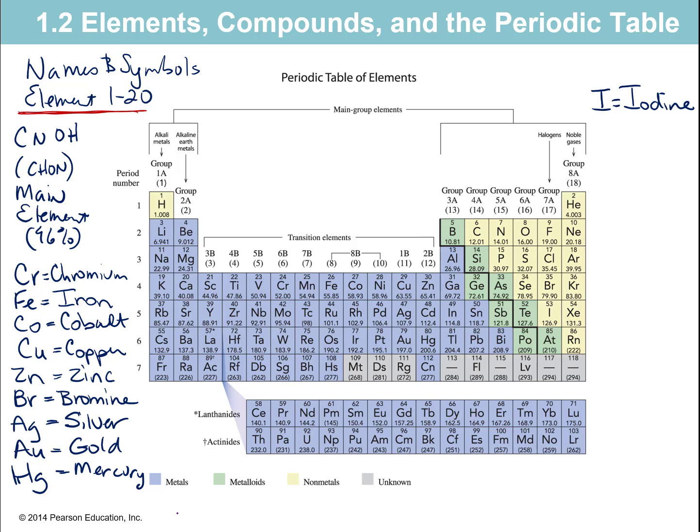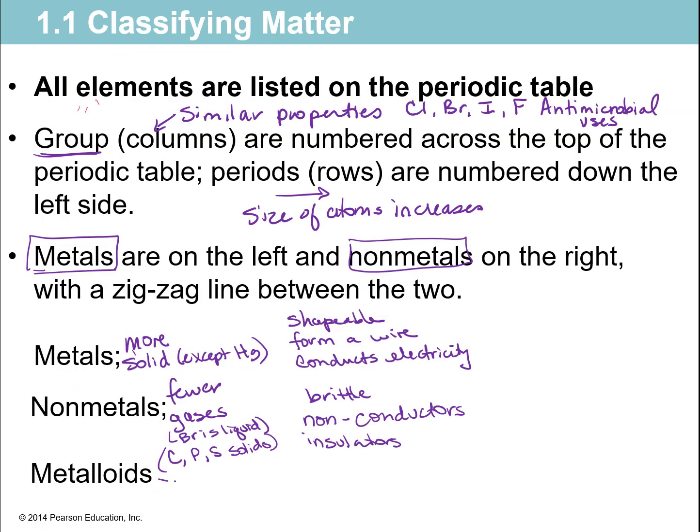They used to call them semi-metals, but now they call them metalloids. We don't really work with them very much. I mean, the only ones you need to know are just boron and silicon. Those are the only two for their names and elements. And so those are sort of the in-between ones. So these run right along the zigzag line. And they just kind of have properties of both.